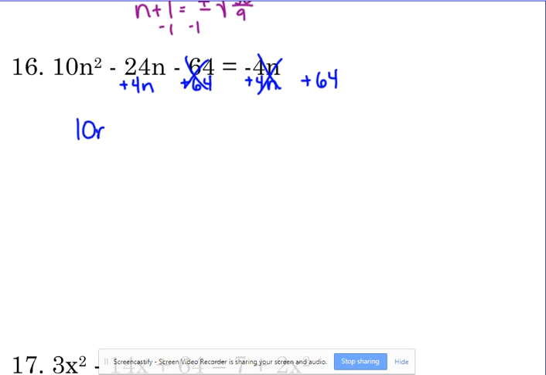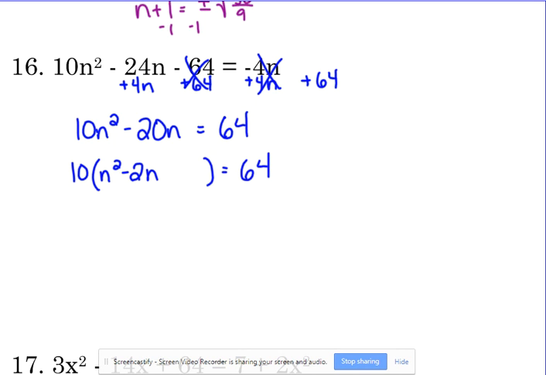So we have 10n squared minus 20n is equal to 64. We factor out the 10. n squared minus 2n, leave a space. It's equal to 64.